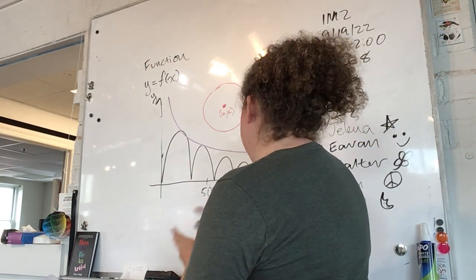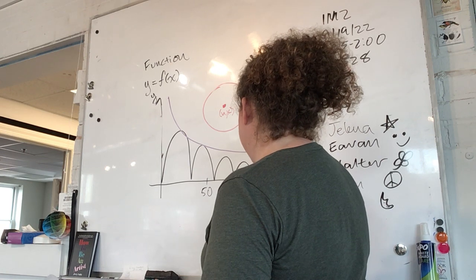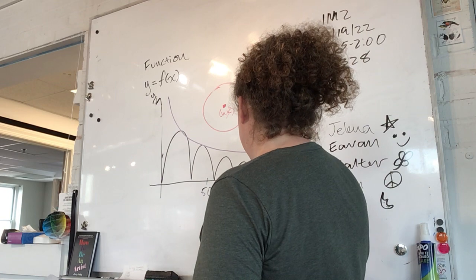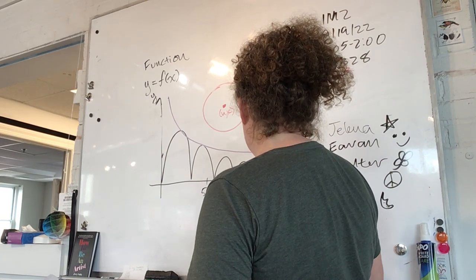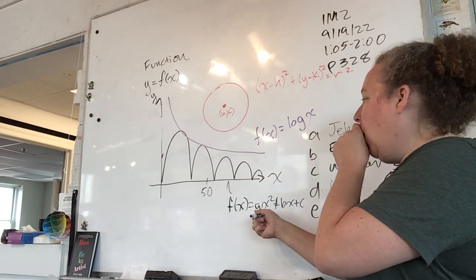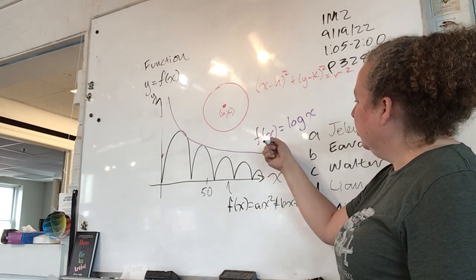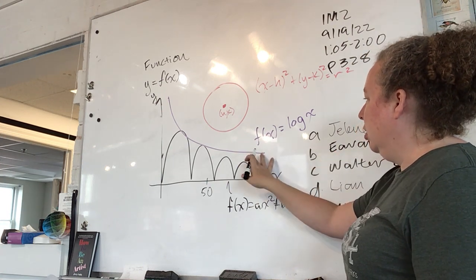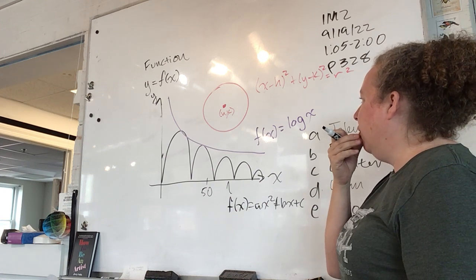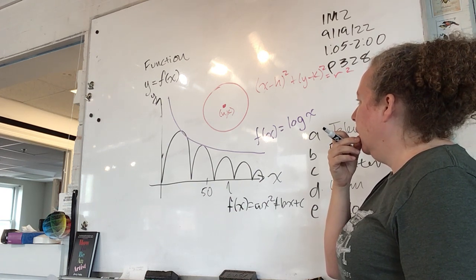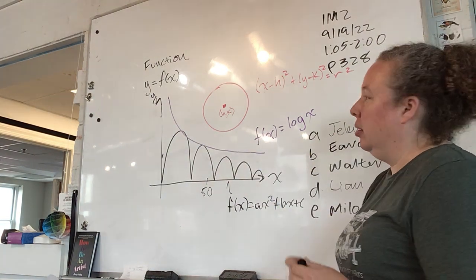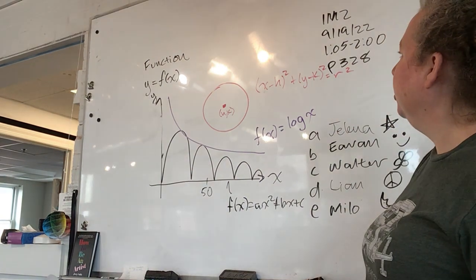We're focusing right now on f of x equals ax squared plus bx plus c. So we've got the equation of a parabola. This is going to be some kind of logarithmic function. What's a logarithm? A logarithm just kind of has this shape. We'll get to it next year.